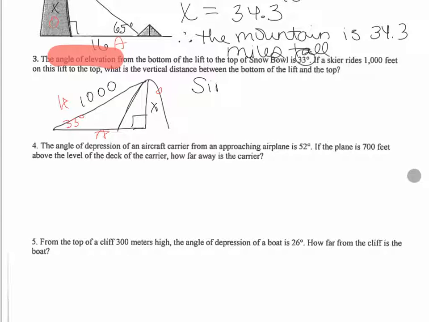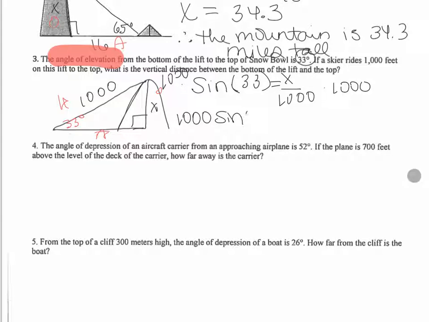Sine. So sine of 33 equals opposite over hypotenuse. So now I am going to solve for x, multiply by 1,000 on both sides. So I get 1,000 sine of 33 equals x.